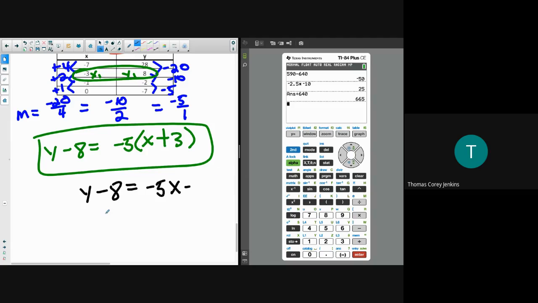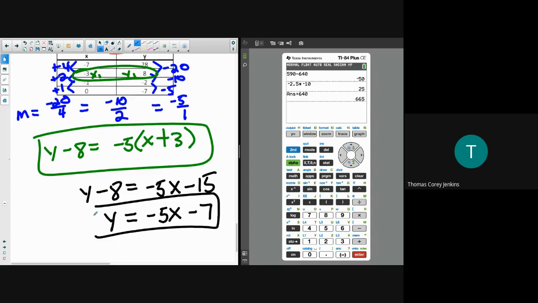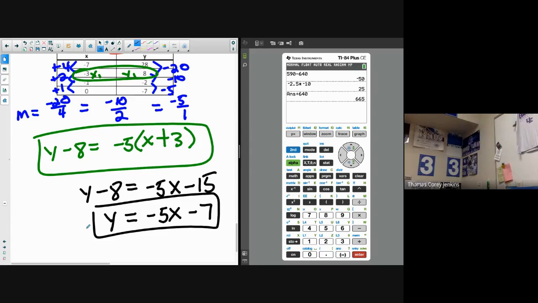Then we have y equals negative 5x, then negative 15, and moving that over we add 8. Negative 15 plus 8 would be minus 7. That should be my rule that maps any of these x's to their corresponding y.